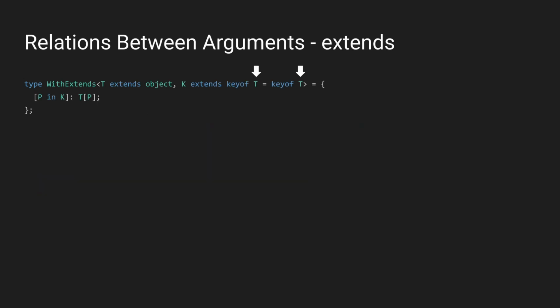Now let's see how we can combine these two mechanisms together. We will create a relationship between arguments and constrain one of them using the extends keyword based on the other argument type. We are creating a template that accepts an object as the first argument and a union of keys of that object.